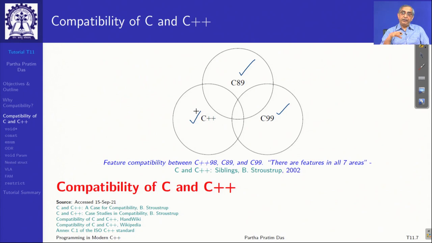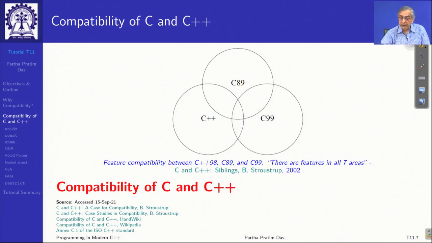If you take these three dialects and draw this Venn diagram, you get 7 different regions. And interestingly, there are some features which fall in these in-between regions, that is, there are features between, say, these dialects, which have compatibility issues.